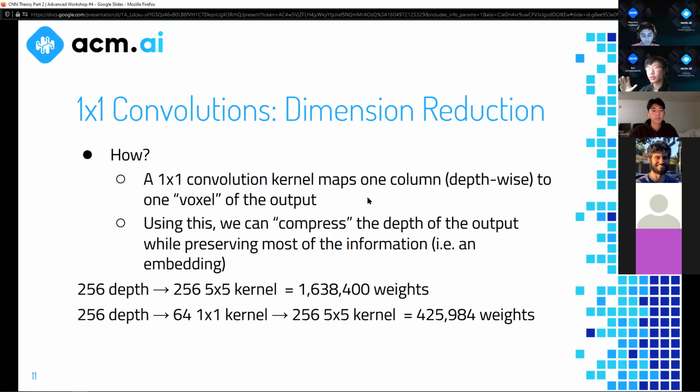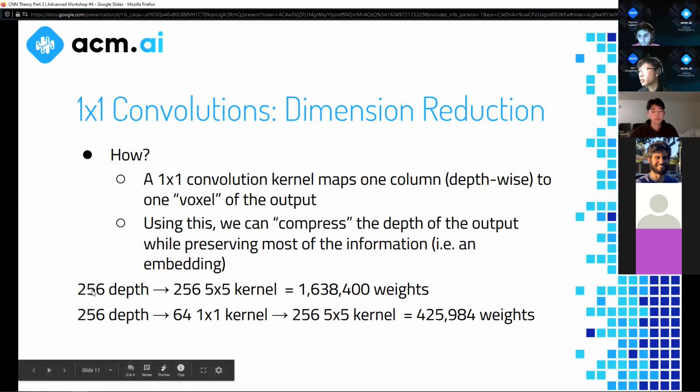If our input was of depth 256, we're going to compress it into something like 64 in this example. In this first example, we did a 256 input with 256 kernels, and they're 5 by 5 kernels, so we have a total of about 1,600,000 weights.